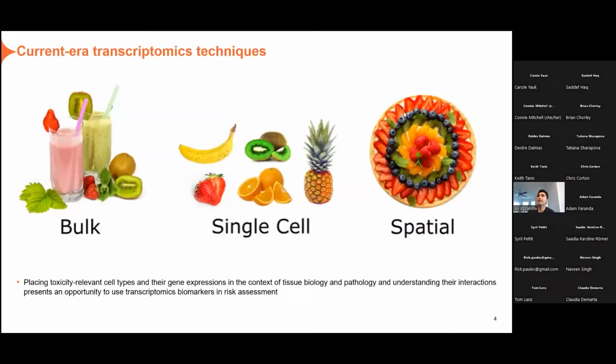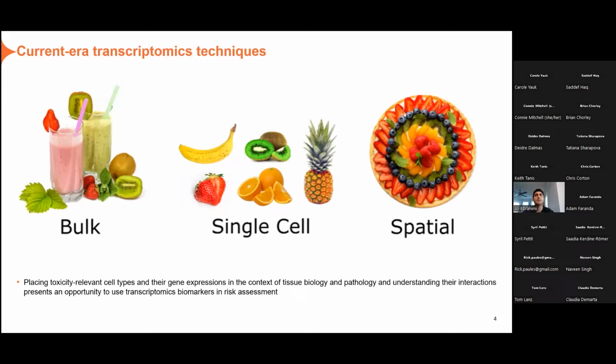When we look at the technologies that are around for transcriptomics, obviously the most widely used technology is bulk RNA, which was done using microarrays, and more recently using bulk RNA-seq, which works by combining the entire tissue, all the cell types together, and you get one single endpoint as a gene expression for that tissue type.